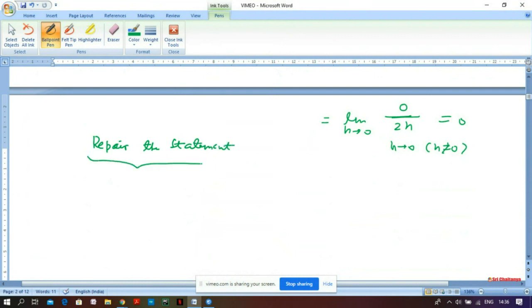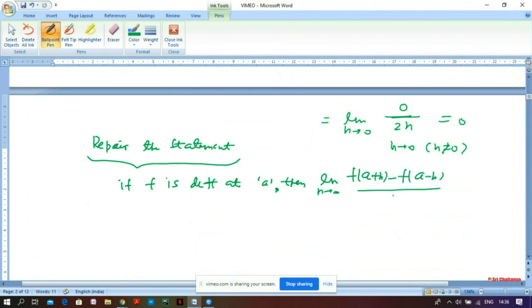Means exactly what the message is. So in fact the statement is this: if f is differentiable at a, then the limit as h tends to 0 of f of a plus h minus f of a minus h over 2h exists.